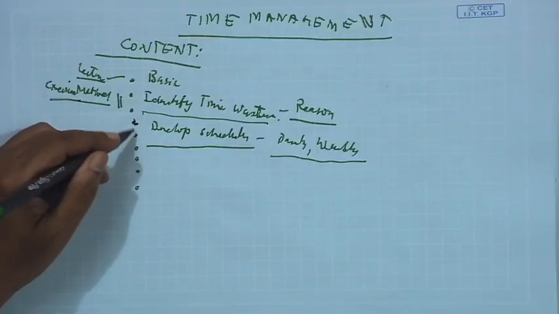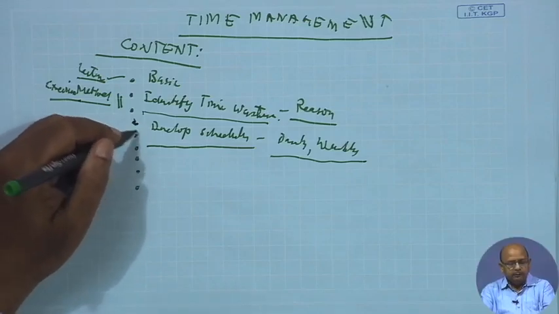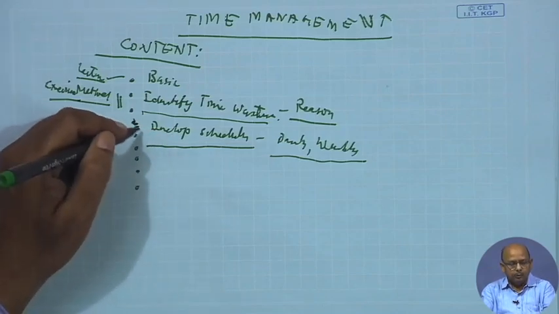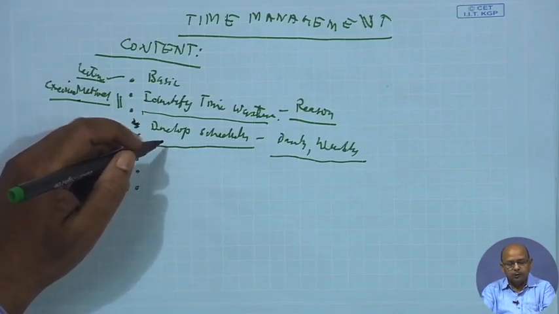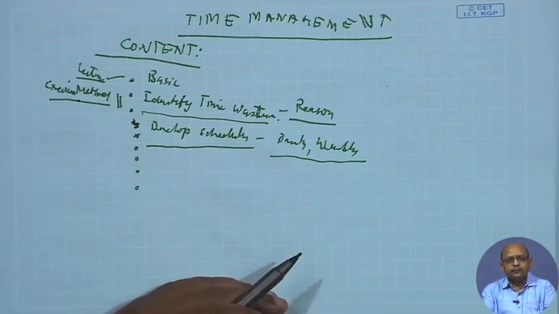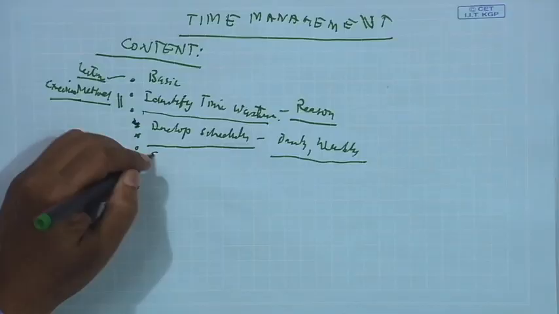Okay. Then if you want to be really productive, then you have to develop your own schedules based on the requirement of the job and see what else you can do, right. So, you must learn how to develop good schedules on a daily or weekly basis, so that you can schedule your activities, okay.